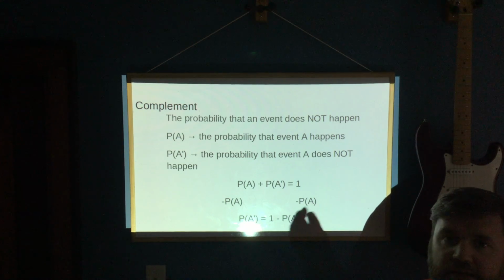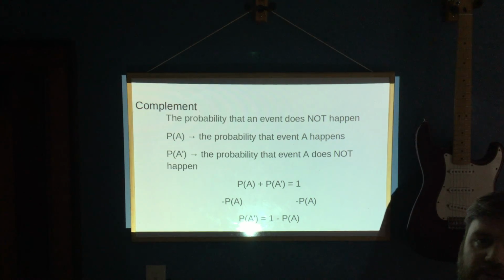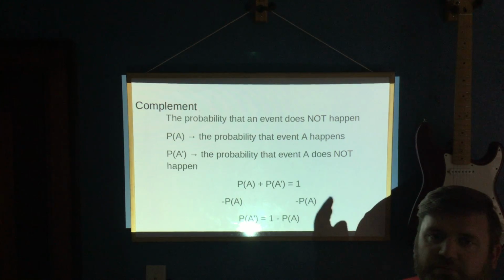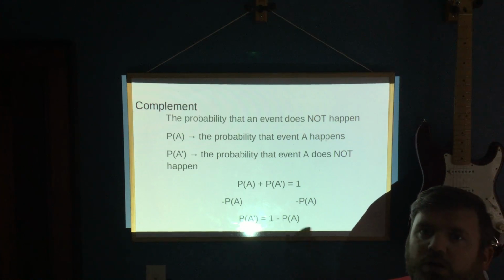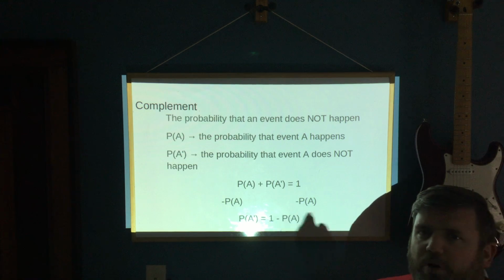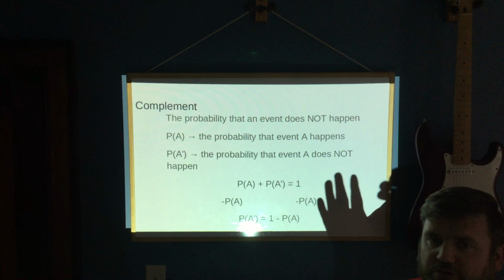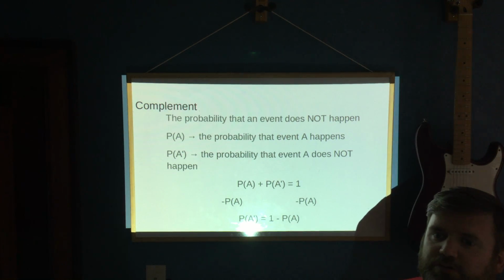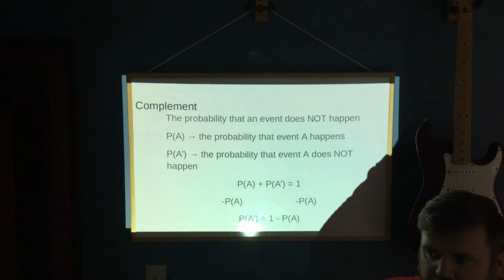One of those two things happens. So we should be able to take the probability that he does make the three-pointer plus the probability that he doesn't, and it should equal 100%. In probability, when we talk about 100%, often we just call it 1, because we're dealing with numbers smaller than 1, like 0.35. If you add up 0.35 plus 0.65, you get 1, which is 100%.